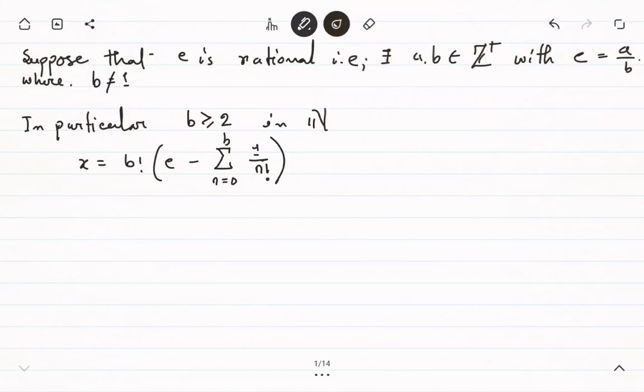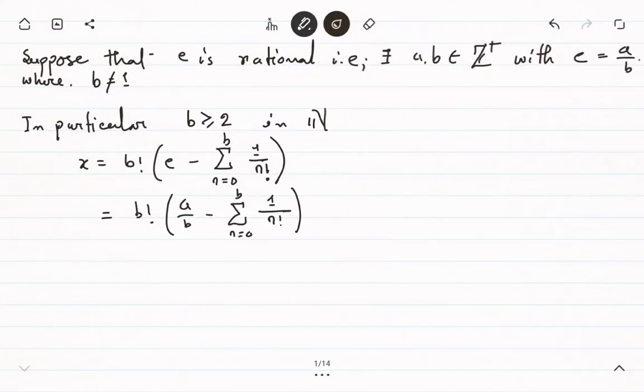So how to do that? Since e equals a by b, x equals b factorial times a by b minus the sum over n running from 0 up to b of 1 by n factorial.